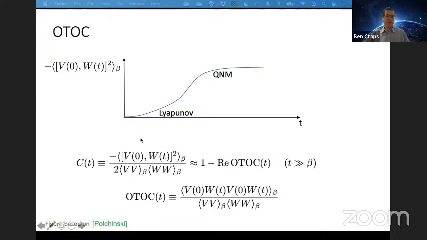Okay, so here is the commutator squared. If you work out what it looks like, you find that the non-trivial behavior corresponds to the out-of-time order correlator, where you have a V, a W, a V, a W. So as you can see here, this is not the usual time ordering that one usually considers.